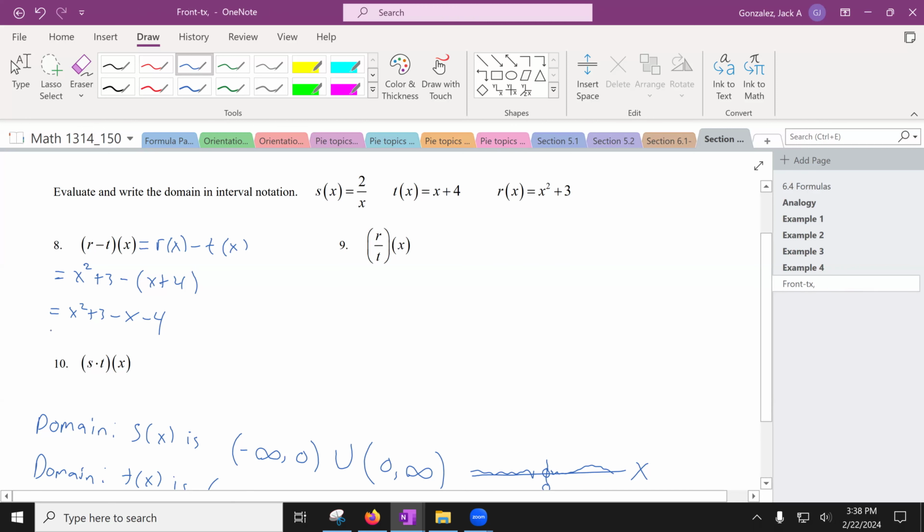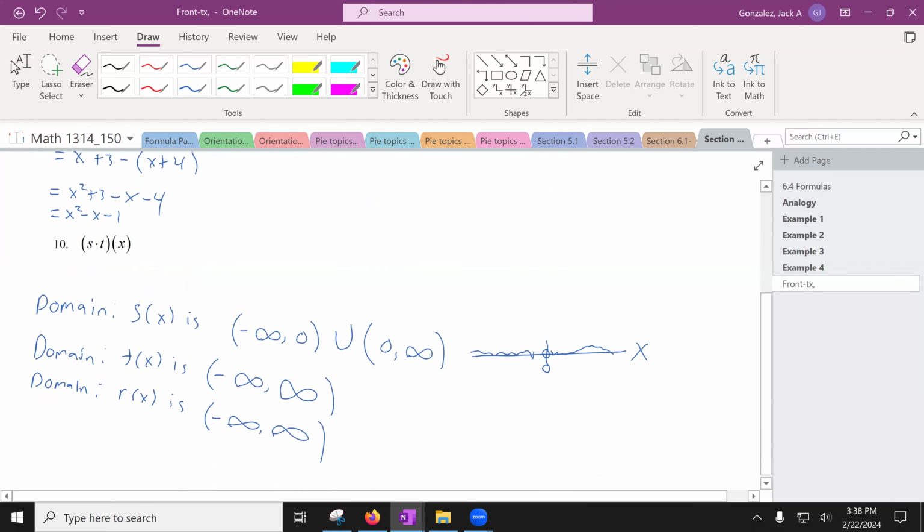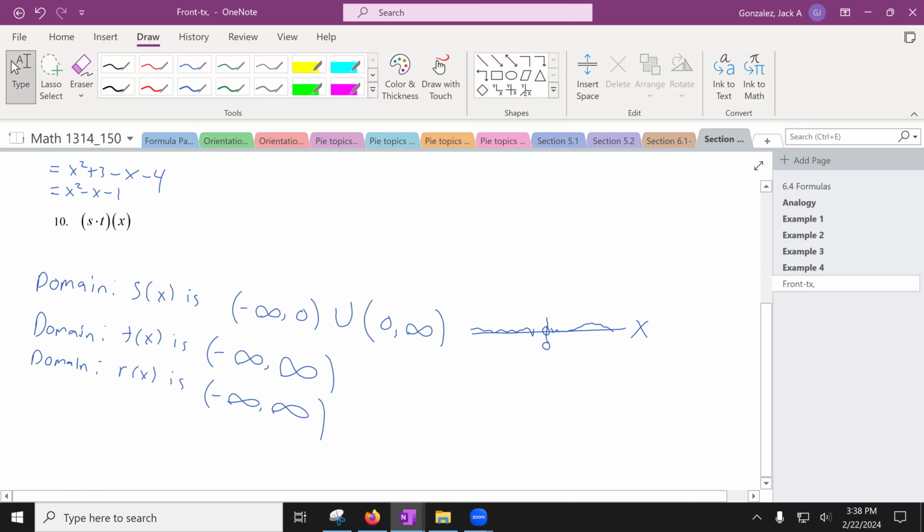But the formulas I wanted to give you with the notes basically say if there's no problems to begin with, the plus, minus, times, whatever will not have an issue either, so the domain will be the same thing. So the domain for R minus T will be the same as the combination of R and T together. Since R and T were everything, you combine everything together, it's still everything, right?